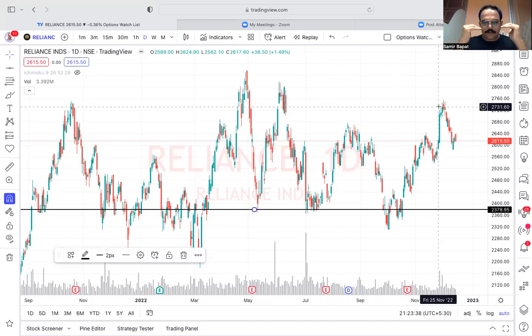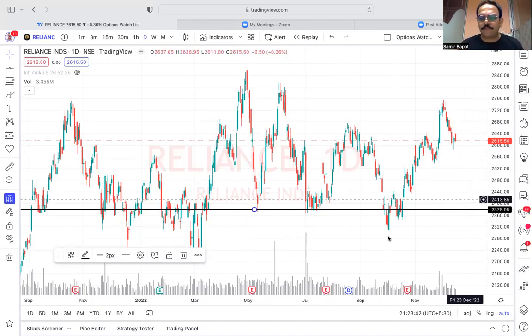That means whenever the price comes to around 2378, it bounces from here. Like a ball: if you throw a ball, it comes on the floor and bounces up. It's taking support on the floor. This level is called a support level.